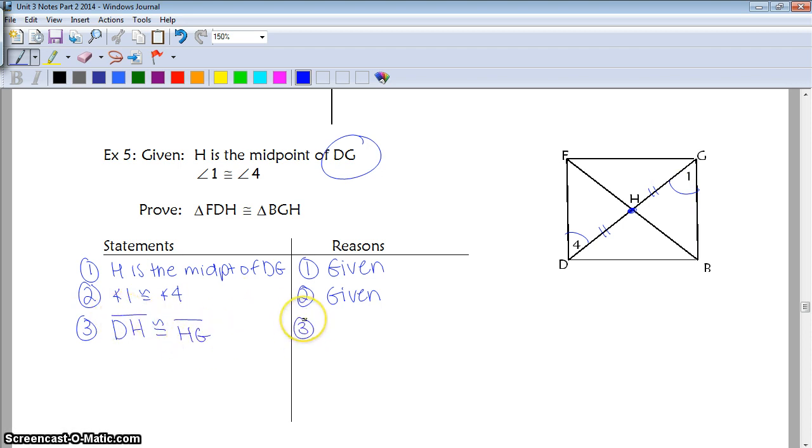Your reason, if you don't remember, go back and look in the reasons where we started the notes. What are those options that you could put here? We'll also go back to what's in the given. It says it's a midpoint. Link the two together. That just means the reason's going to be, well, that's what happens when you have a midpoint. So the definition of a midpoint.